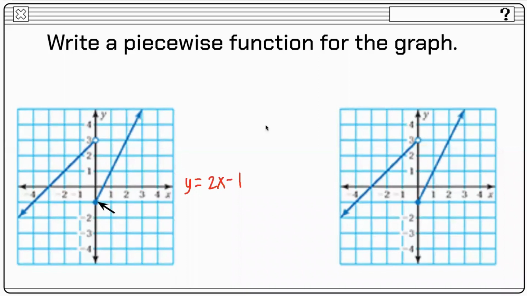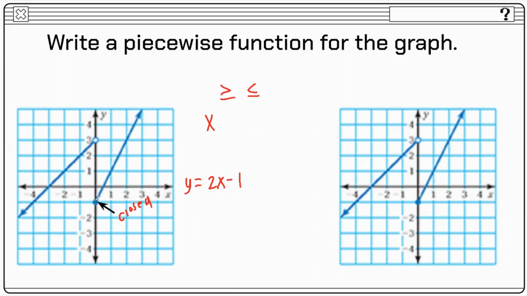Now that you've found the equation for your line, we can go ahead and find the domain. Remember, the domain is going to be an inequality for all your x values in the function. So first look at your starting point of your function, and you see that it is a closed circle, so it's going to be x is either greater than or equal to or less than or equal to a value.